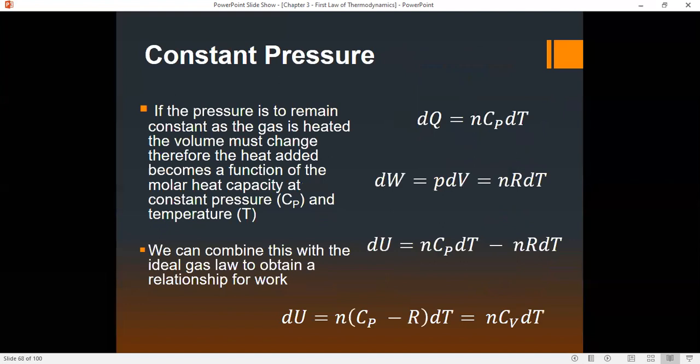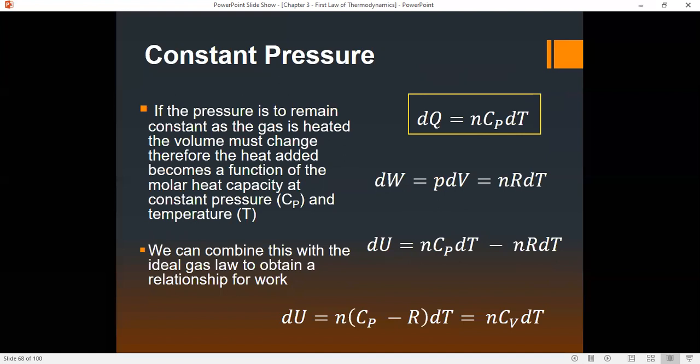Now we're going to do it again, but this time at constant pressure. We know that the heat added to that particular location is going to be equal to the number of moles times the molar heat capacity at constant pressure times dT, the change in temperature. So that should have been a dT previously.